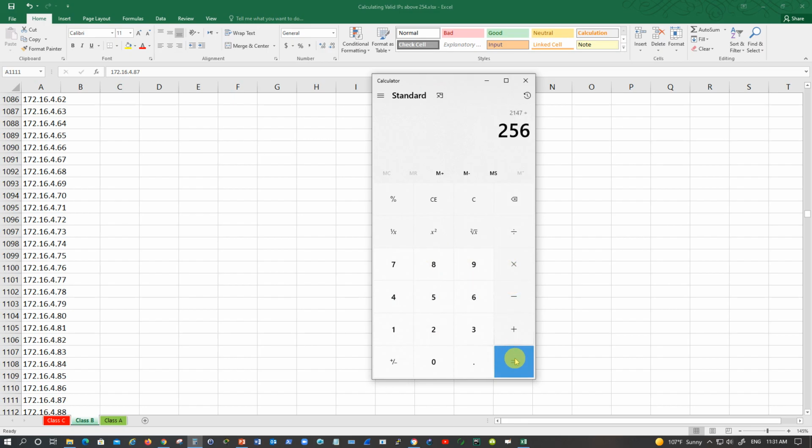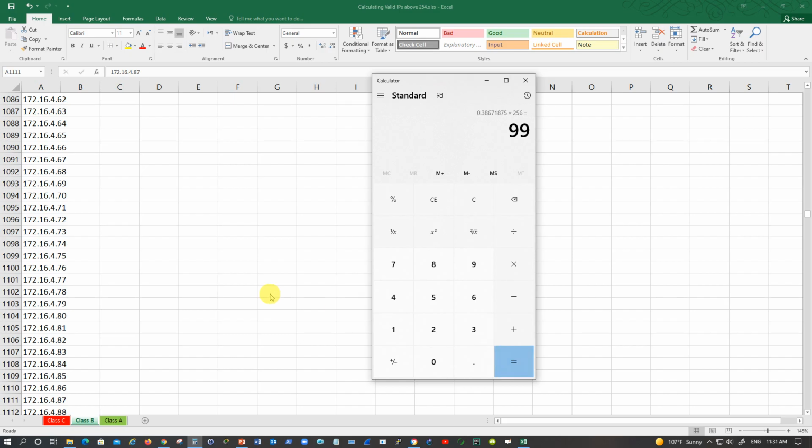Make a note of this, this is important. 8 you got here. 8 is for your third octet. And now minus 8, into 256 will give you 99.